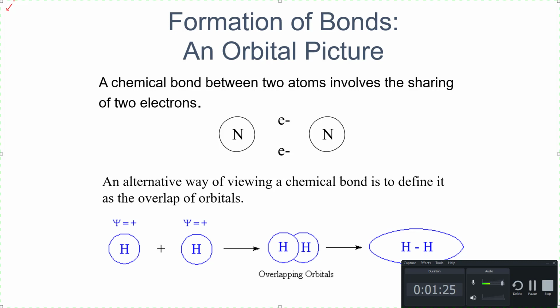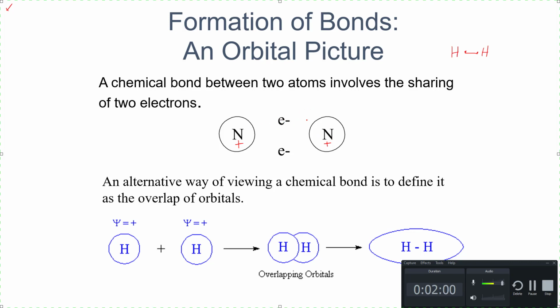So in terms of forming a bond, there are different levels that we can look at bond formation. We could look, for instance, at taking a Lewis dot structure and simply saying, okay, I'm sharing these two electrons in order to form a single bond. Now, what does that mean at the atomic level? Well, remember that a nucleus is positively charged, and these two hydrogen atoms would have a nucleus surrounded by one electron.